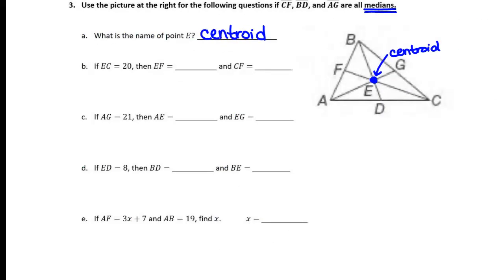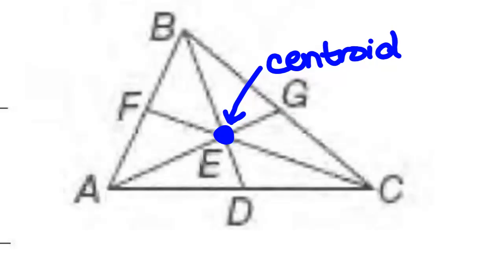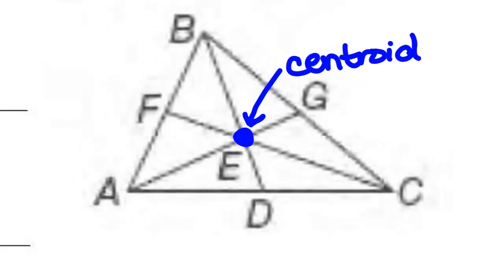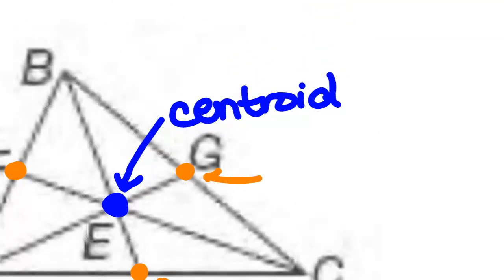All right, so when we had medians and centroid, this is where we did the 1x, 2x, 3x stuff. And medians hit what special points on the triangle? The midpoints. So this is a midpoint.